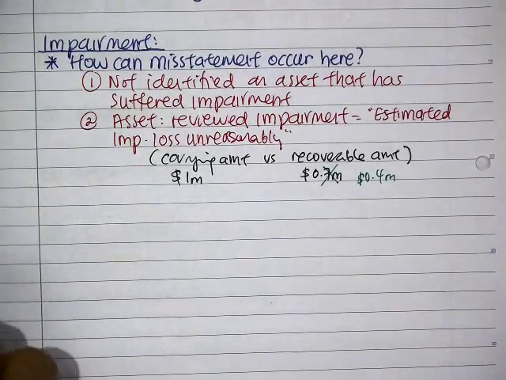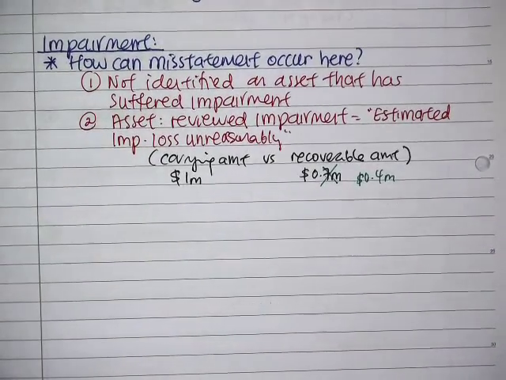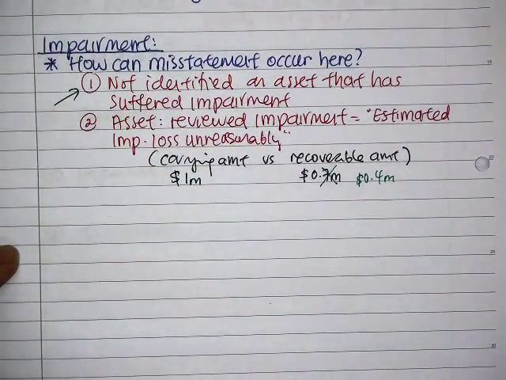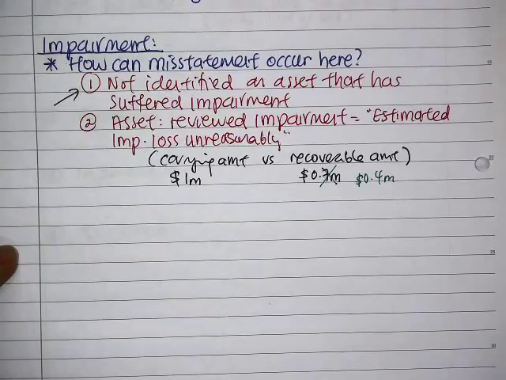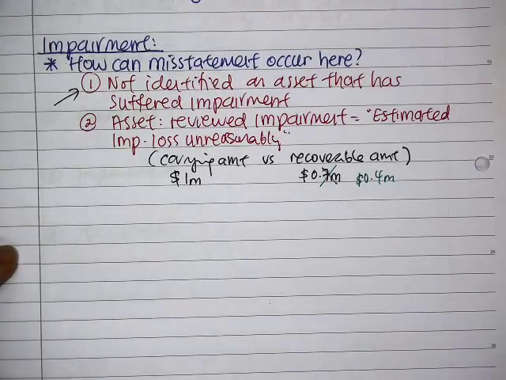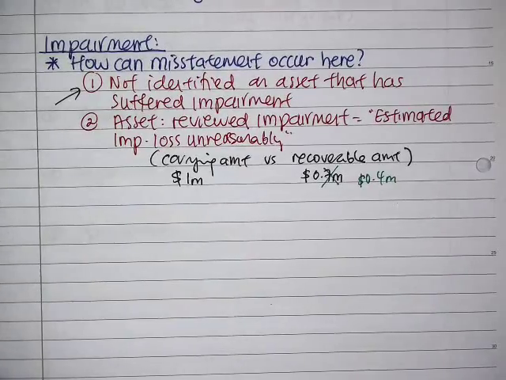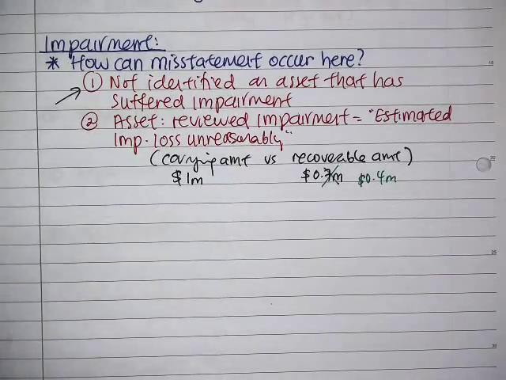Now, what we can do here in terms of the audit work is, of course, number one, how can you search or detect these kind of so-called assets that suffer impairment. Now we basically follow similar clues, like what we learn in accounts.